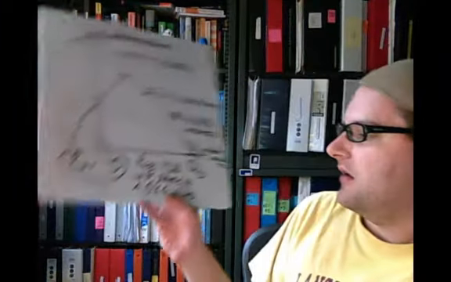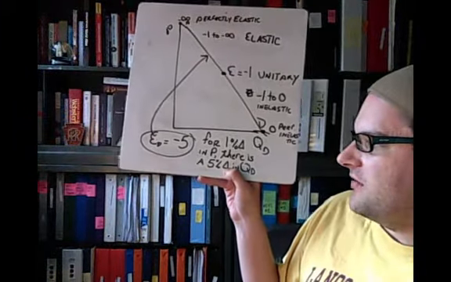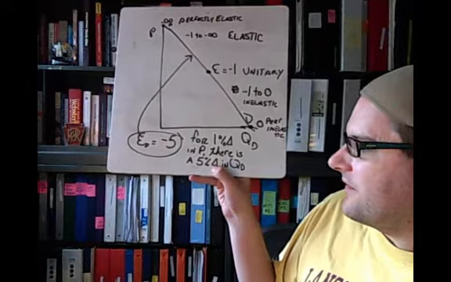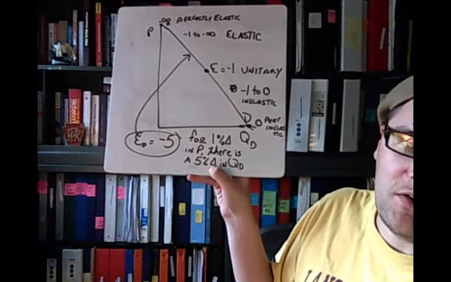And what that means quite simply is that for every 1% change in the price, there's a 5% change in the quantity demanded. It is the elastic region of this demand curve.